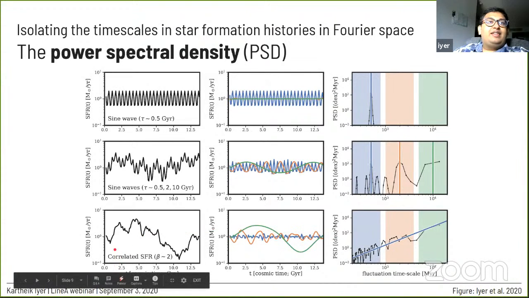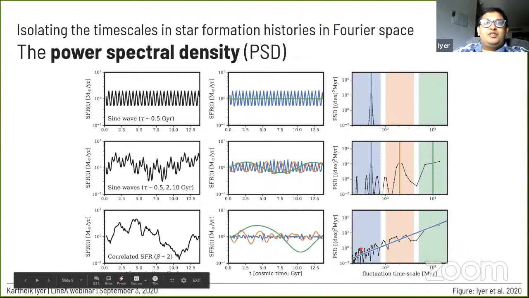And finally, for more complicated stochastic processes, where this one's for a random walk, you can see that the PSD does not look simple anymore. There are no prominent peaks. Rather, there is an overall slope using which this PSD can be represented.